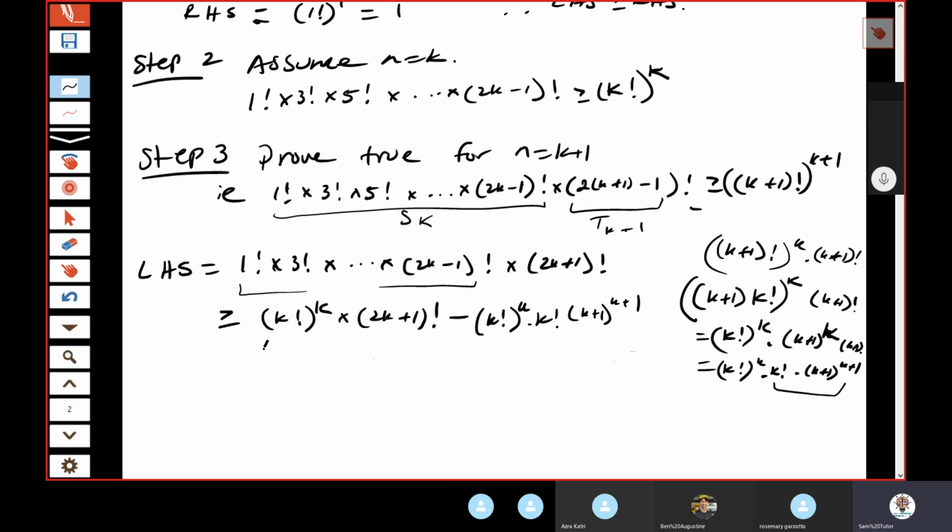Factorize k factorial out: 2k plus 1 factorial minus k factorial, k plus 1, k plus 1. Don't like it. I don't like it. Let's have a look.